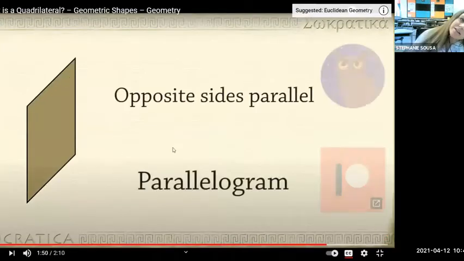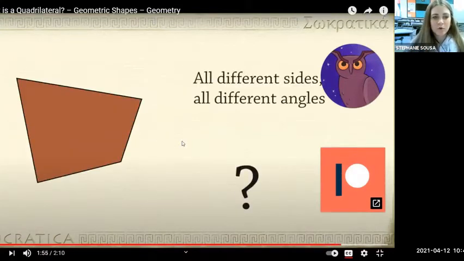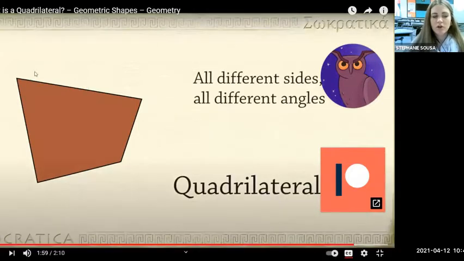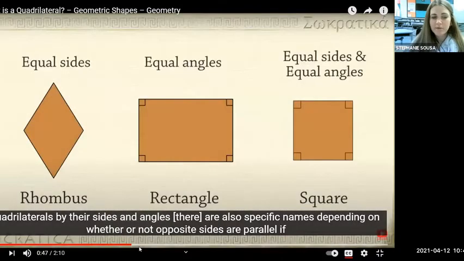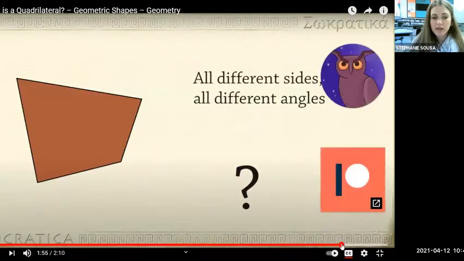Even if you turn your head, it's not a square. It is a parallelogram. All different sides, all different angles. That's just called a quadrilateral. Sometimes we don't have a specific name for the shape if it doesn't meet that first criteria that we see here. None of those sides were equal. None of those angles were equal. So we call it a quadrilateral.